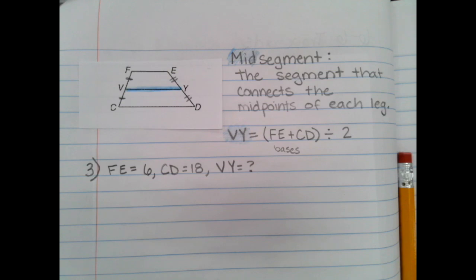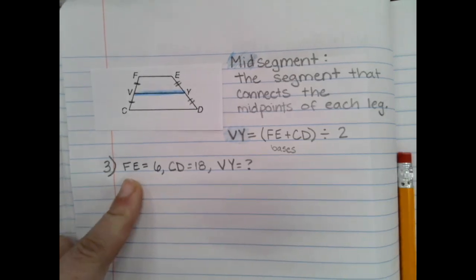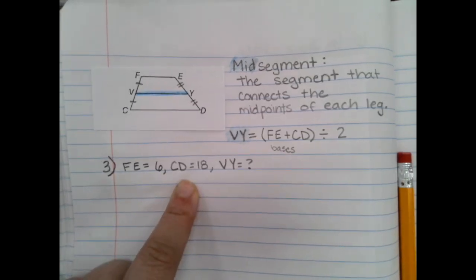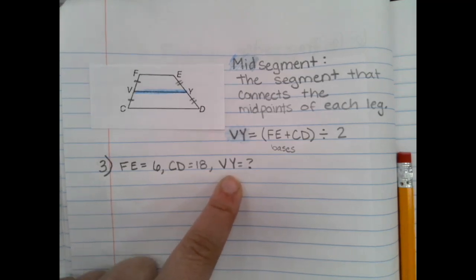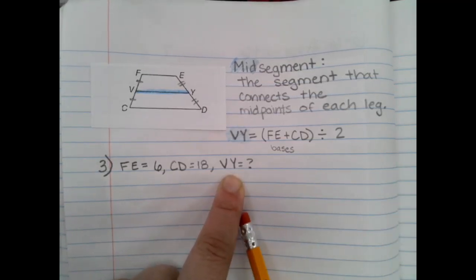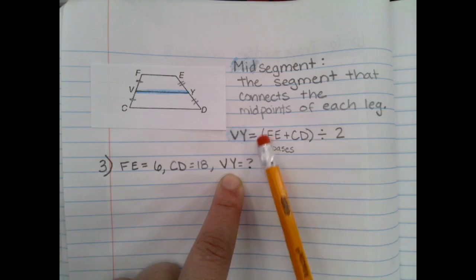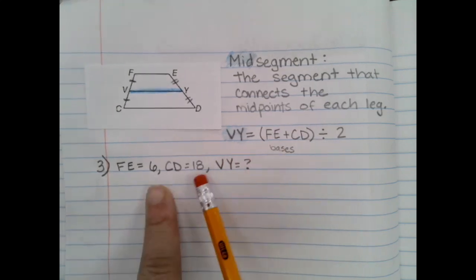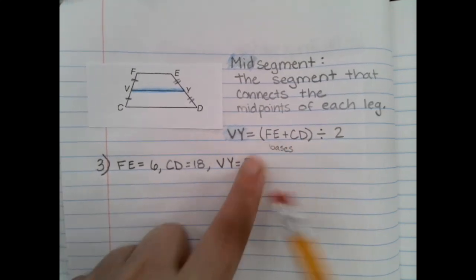So first thing we want to do is identify which ones are the bases and which one is the mid-segment. So is FE a base or a mid-segment? Base. What about CD? Base. And what are we trying to find? The mid-segment. So we already know our bases. We don't need to solve anything. We're just going to plug these 2 numbers into our formula and find our answer.